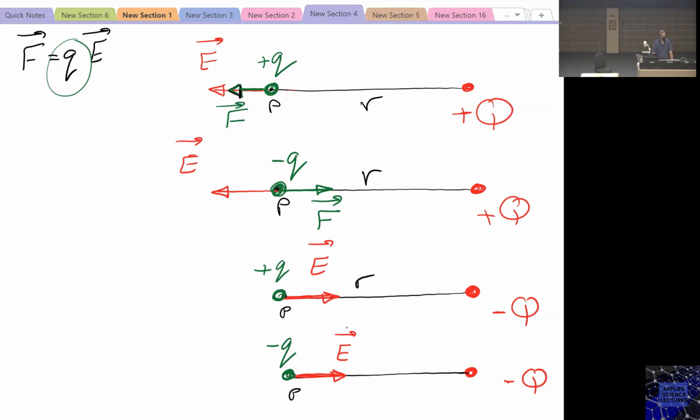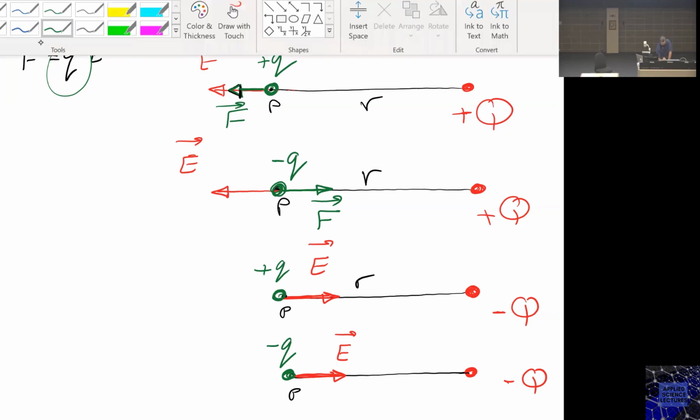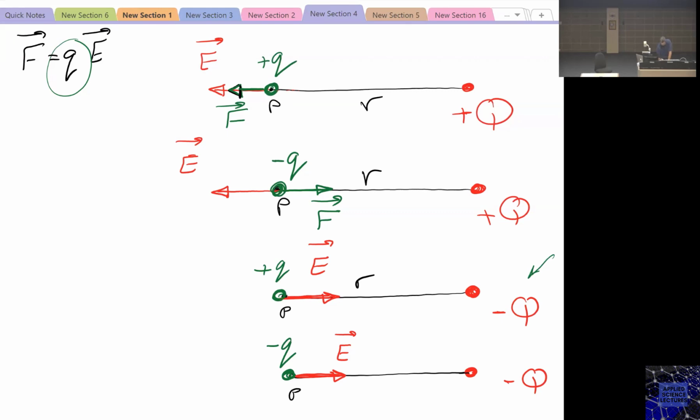Can you tell me what direction is the force for number 3? Is it with E or against E? For number 3, this one. With, because this small letter q is positive, and based on F equals qE, it's a positive scalar.